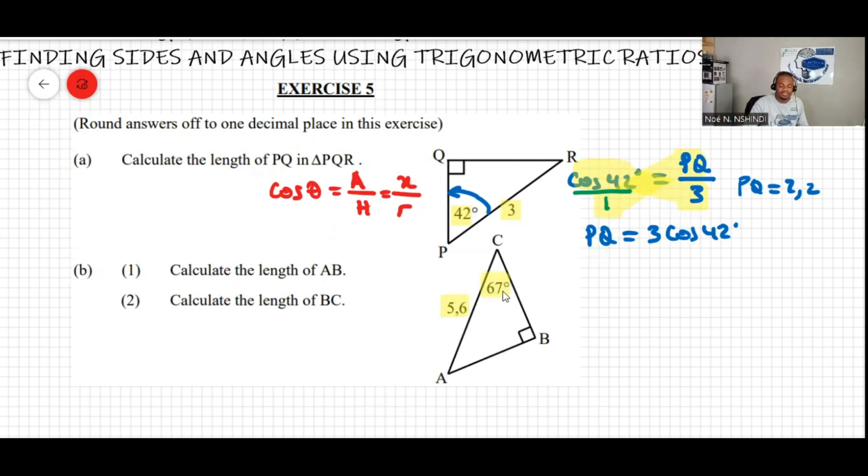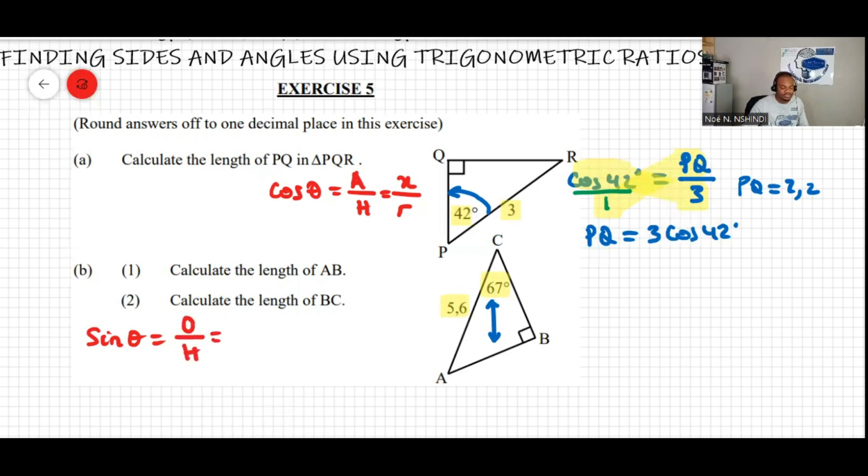I'll say that this angle here is opposite AB. What we do know is that sine of the angle theta is equal to the opposite side over the hypotenuse.